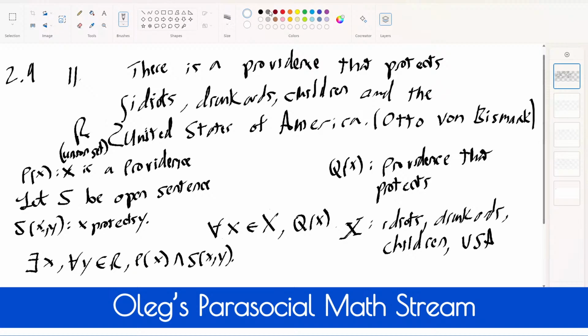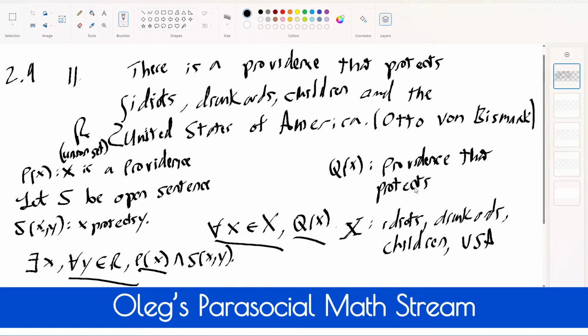So let's just look at comparisons and see where we match up. I have this and that. Those two are the same, essentially. And then we have P of X, and then I just assigned the Q of X. Now, they broke it up into two parts: P of X is a province, and X protects Y. For me, my flaw here is that it says it's a province that protects.